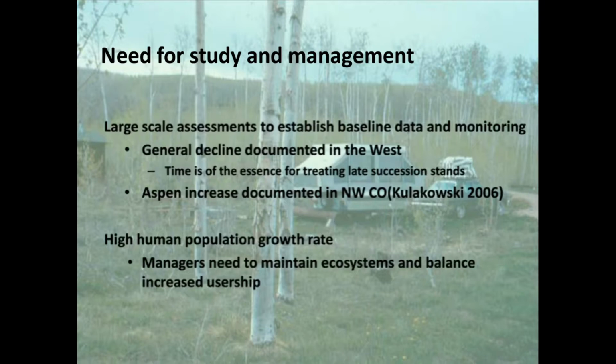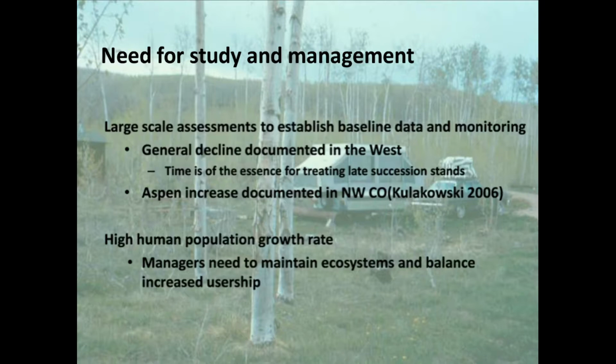While there is a general decline noted across the West and in the Great Basin, there are documented cases of aspen increase on the landscape, so we need to monitor for both reasons. In particular, areas in the Great Basin are experiencing high population growth rates, so this has seen increased usership on public lands and private lands as well.